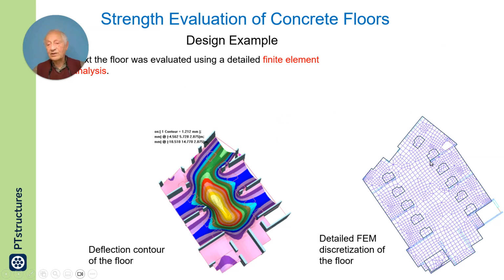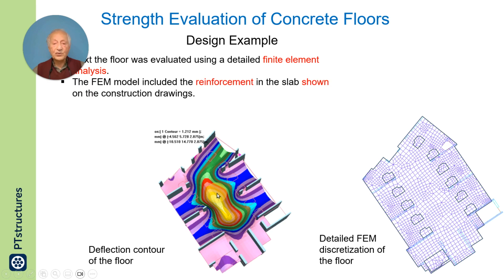Then we went to the finite element step, break it into segment elements, obtain the solution, and included in the finite element solution the reinforcement as shown on the construction drawings.